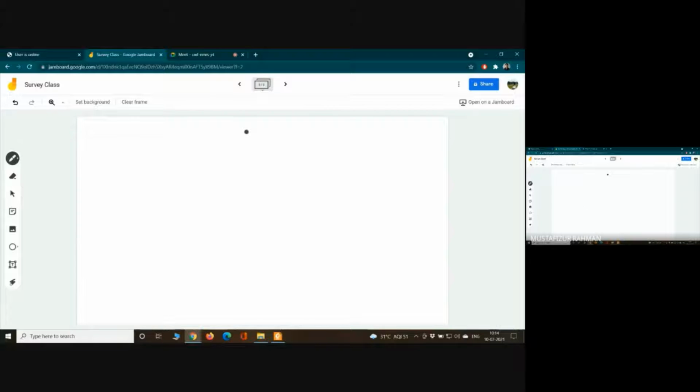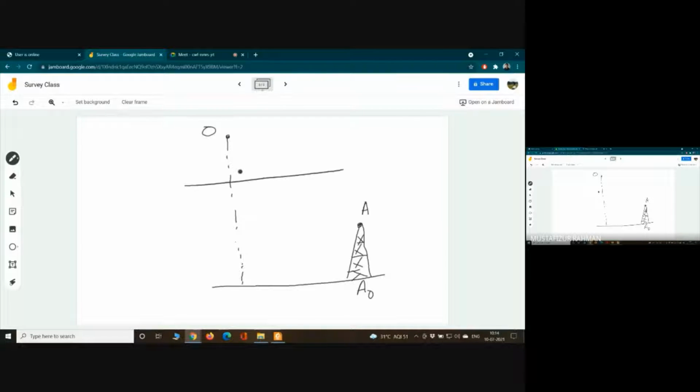So with this was our camera point. We are taking pictures of a tower, say for example, this is a point, this A naught is in the ground. So the photographs will be generated at the focal length, the distance of the focus.